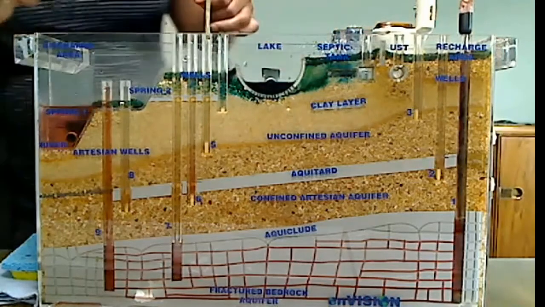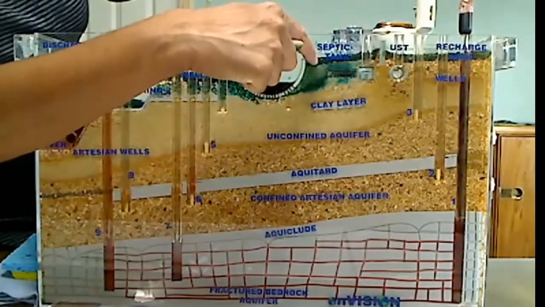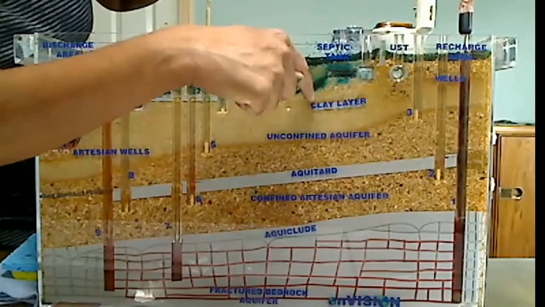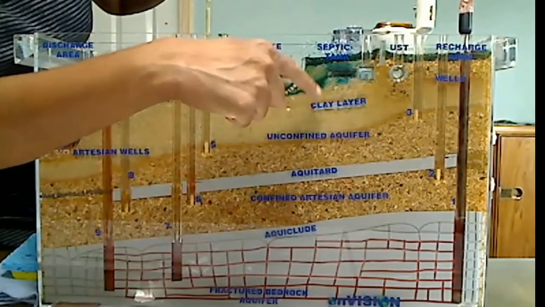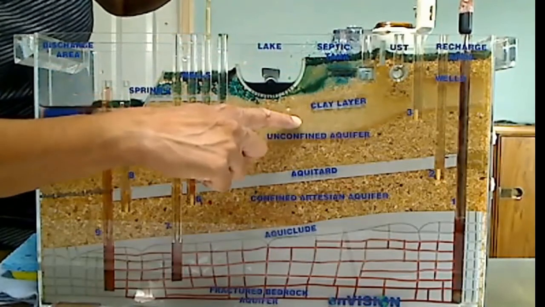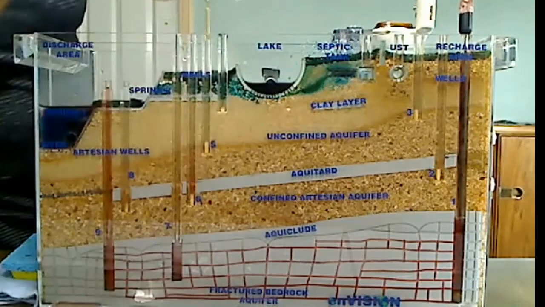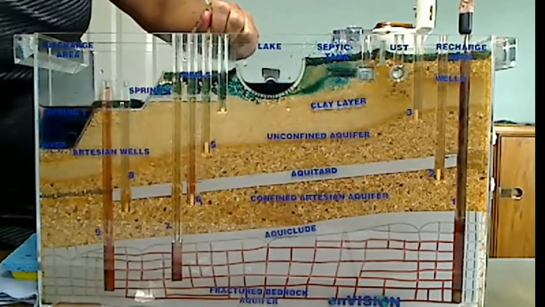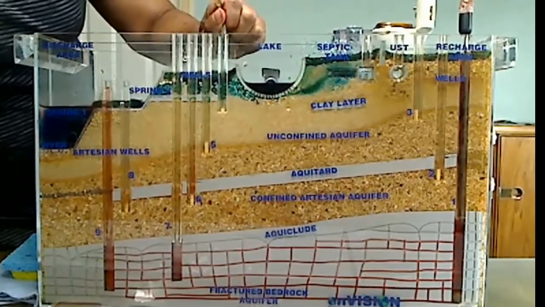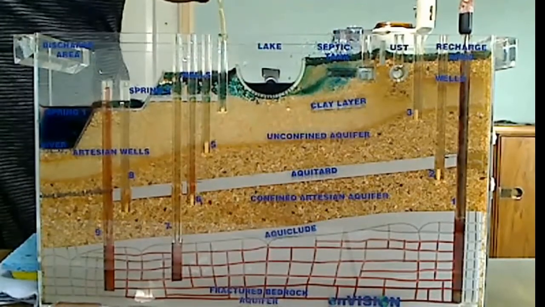Another thing that happened was that some of that food dye made its way into these layers of sand, gravel, and clay and saturated those soil particles and then kept moving and moving, and some of it discharged directly into that lake there. And so again, illustrating the groundwater surface water connection.